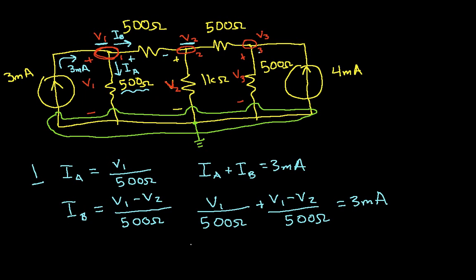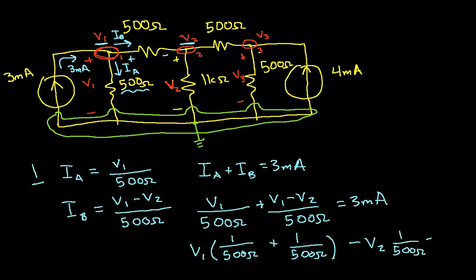So in this case, I'll have V1 times (1 over 500 ohms plus 1 over 500 ohms) minus V2 times 1 over 500 ohms, and this is equal to 3 milliamps.